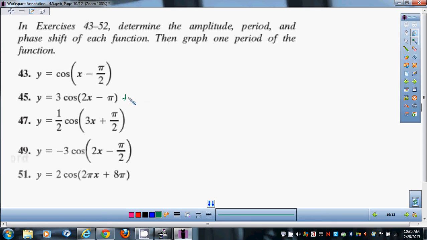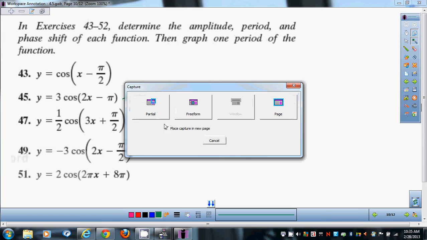Now what we're going to do is put this all together and graph. In fact, let's just do 45 the way we've rewritten it. Actually, that takes us to this. Okay, one second. Graph paper.